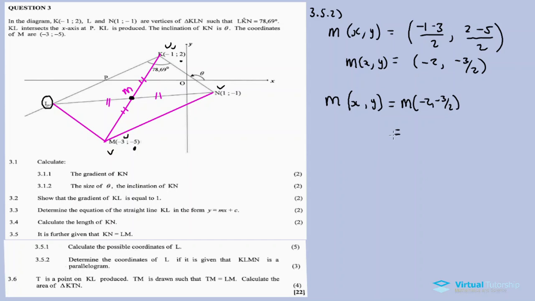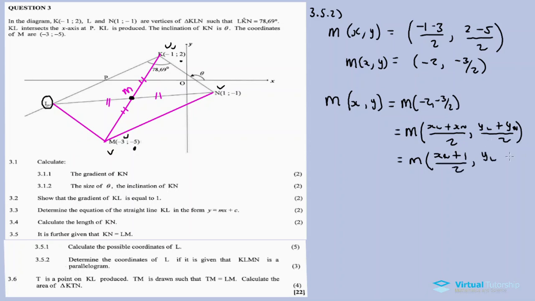So the midpoint can also be calculated using the coordinates of N and L. Since L is unknown, I'm calculating using the midpoint: xL plus xN divided by 2, yL plus yN divided by 2. This is equal to M. xL we don't know, so it's xL plus xN plus 1 divided by 2.